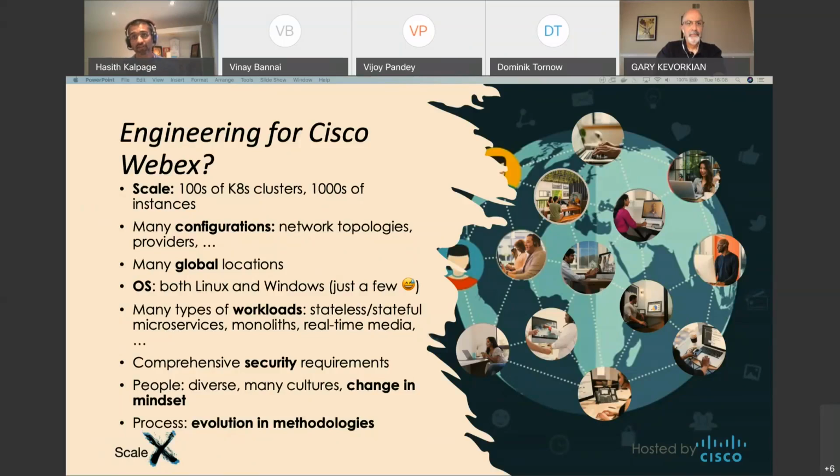Then processes also need evolution. Cloud native technology is not going to be effective unless you evolve the methodologies and processes along with it, because that's also part of realizing the true benefits of cloud native technology.